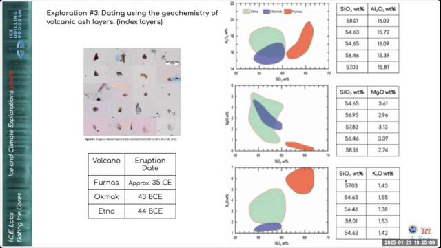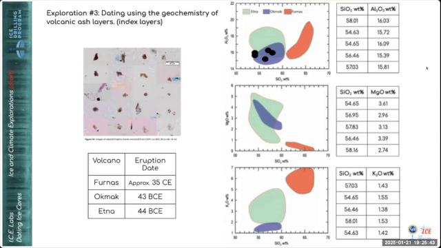These are the ratios of silicon dioxide to potassium oxide. You can see that each one of these eruptions has its own region. Etna is this light green color; all the ash from Mount Etna has that chemistry. All the ash from Okmok will fall in this purple one. All the ash from Vesuvius will fall in this one. So now it's just a matter of your students graphing these data and seeing which one of the volcanoes is responsible for this ash layer.